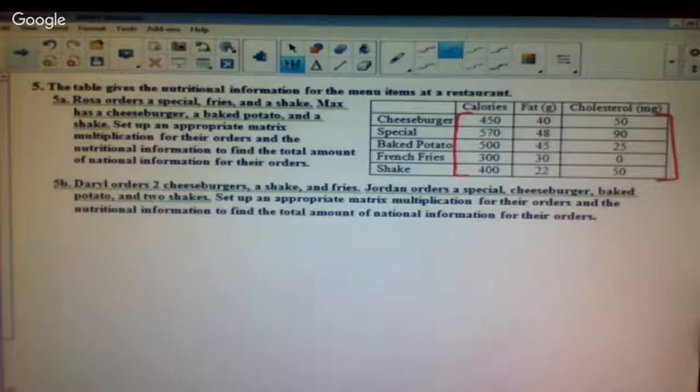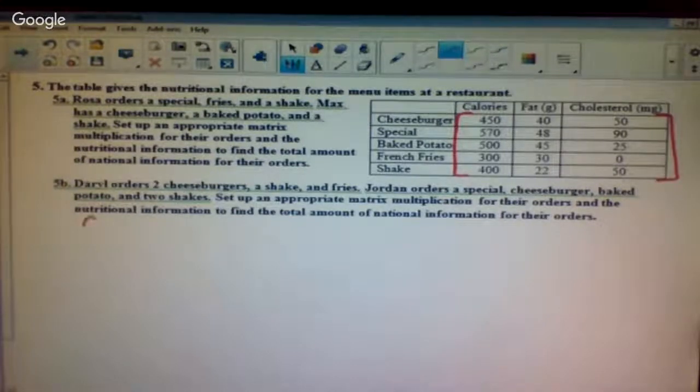Okay, so where do you see what they ordered in this one? The columns. Remember, if they're down the left-hand side, it's technically the rows. So that means it needs to be the columns over here.